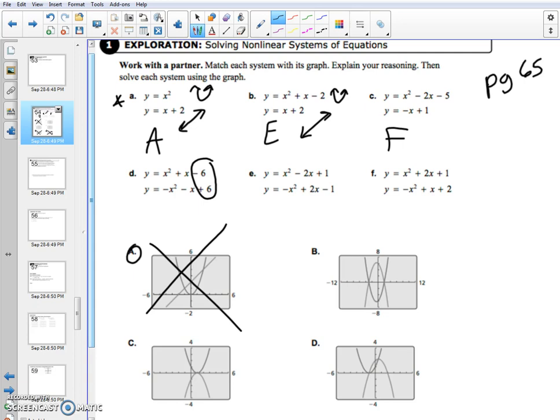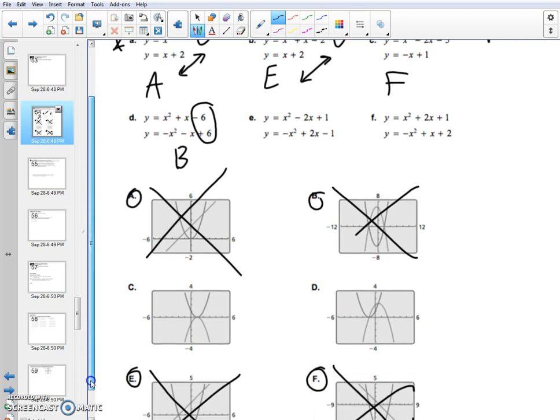So I'm looking for 2 parabolas, one that opens up and one that opens down, and the y-intercepts are at 6 and negative 6. That would have to be B here for this one. When I look at system E, then, my y-intercepts are at 1 and negative 1. So that one has to be C. So then this last one must be D. So my intercepts are at 1 and 2, so that fits as well.